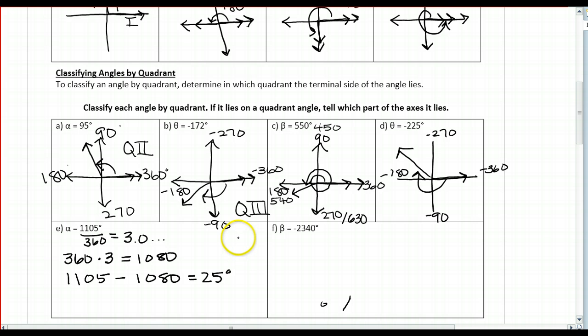Of course, it's in the first quadrant. So we got quadrant 1. Here's my initial. We end up in quadrant 1, but I went around 3 times. So I'm going to go 1, 2, and 3. So we end up in quadrant 1.